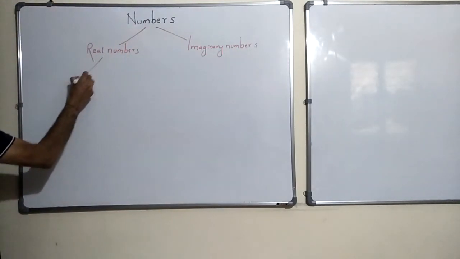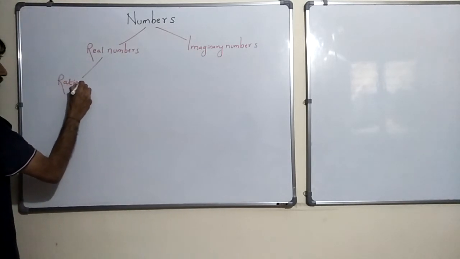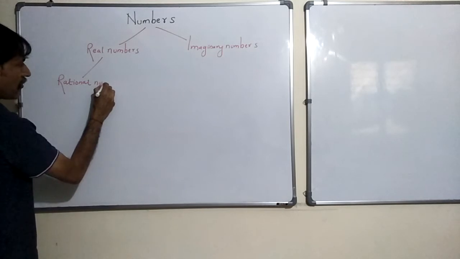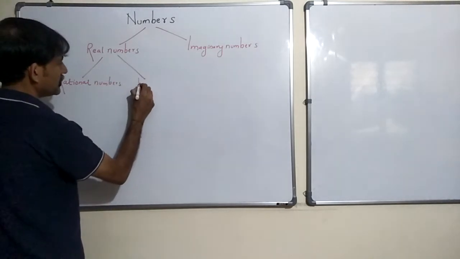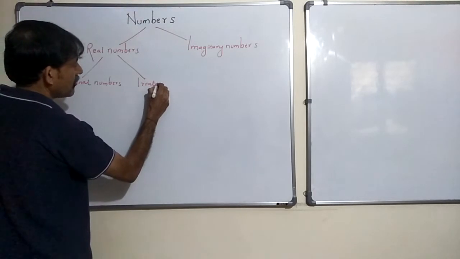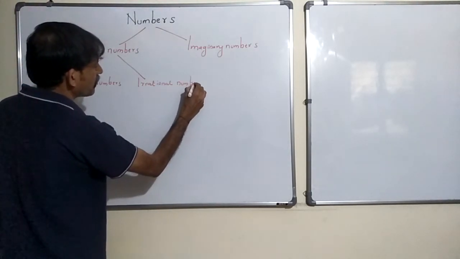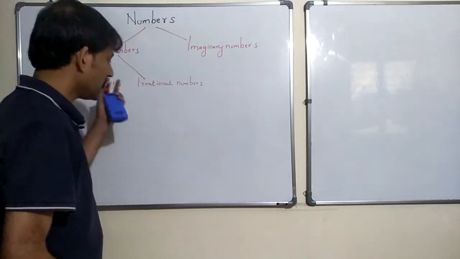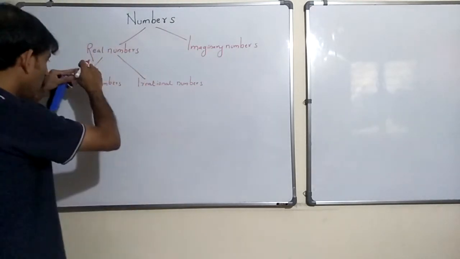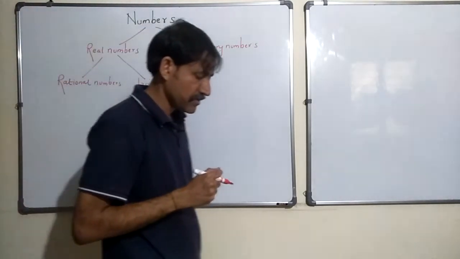Real numbers are further classified into rational numbers or irrational numbers. Now you may ask me, what are real numbers and how do we subdivide them into rational and irrational numbers?